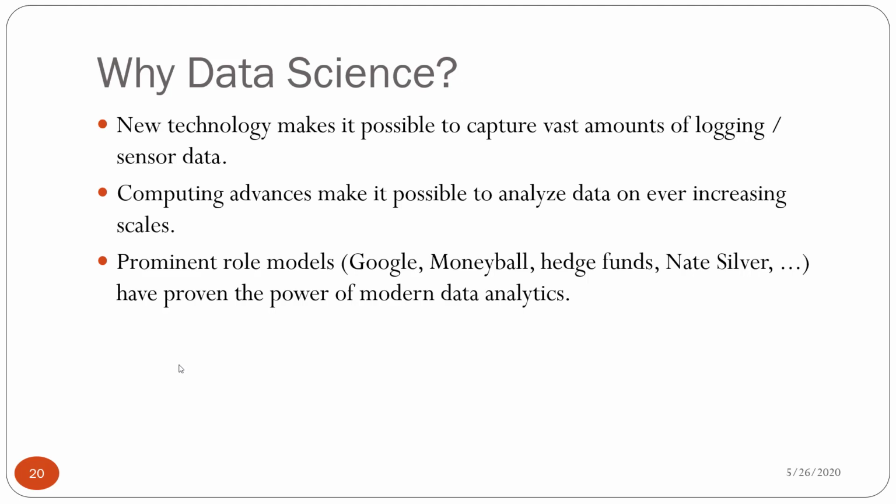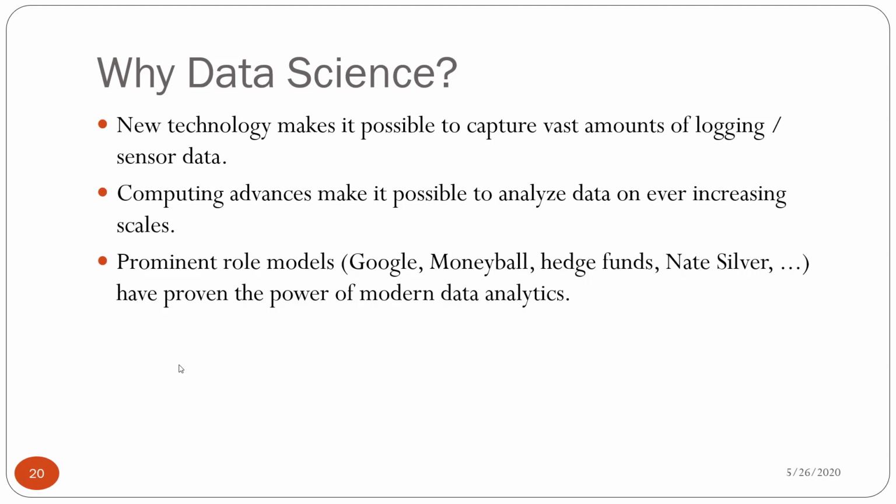We have clusters now. We have very powerful machines now. The storage devices have become cheaper. So all these things are working in our favor, and that's the reason why data science has picked up so much.